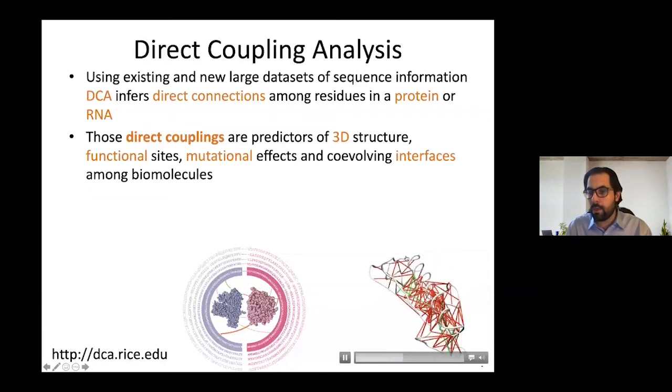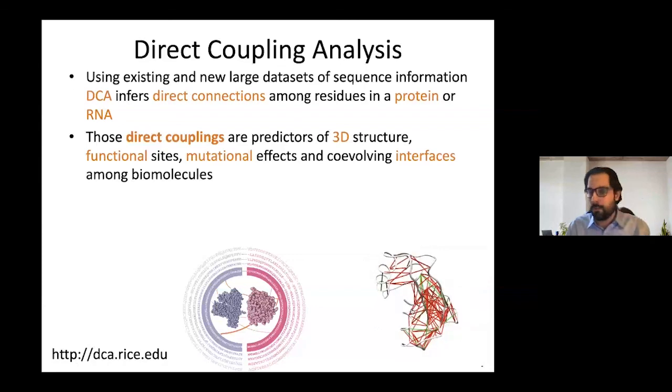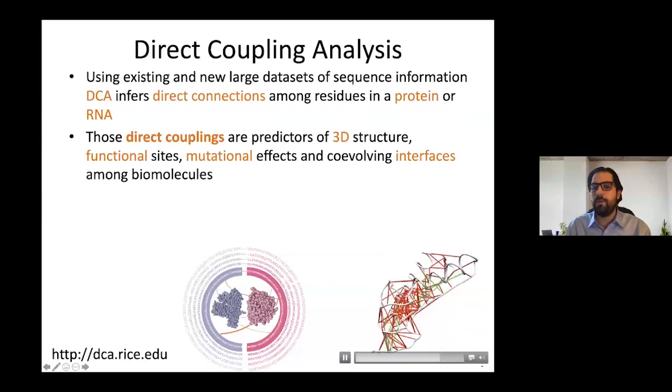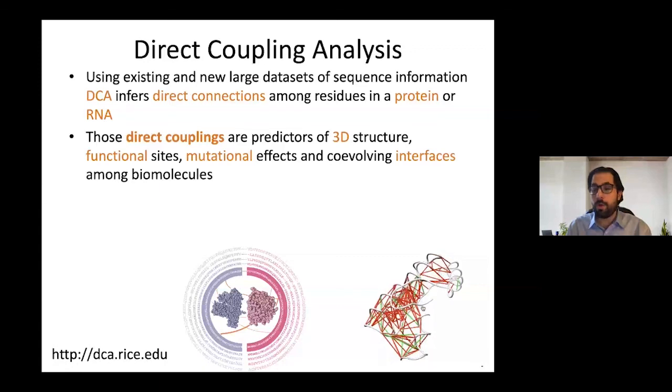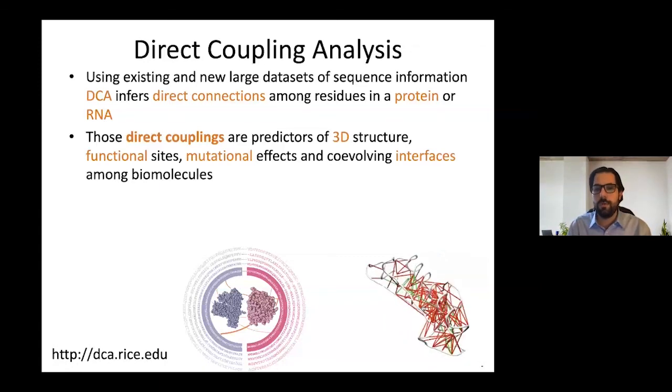And if we take those red links into account and use them in a model, we have shown some time ago, and even right now, some folks at Google have also used this idea to predict protein structures, right? Because you know what the important connectivities are and how they should be close by in the 3D structure.